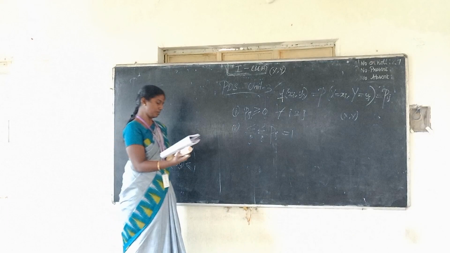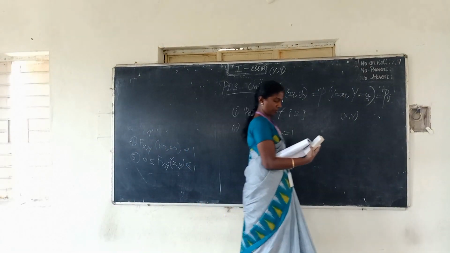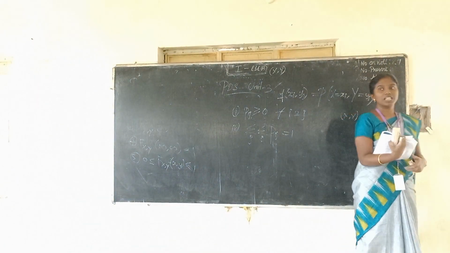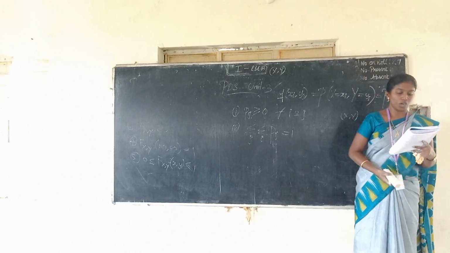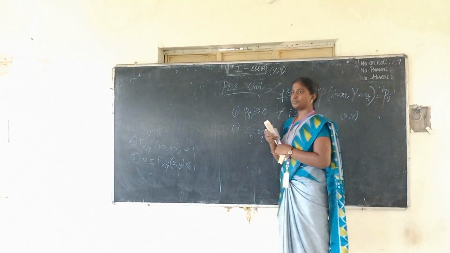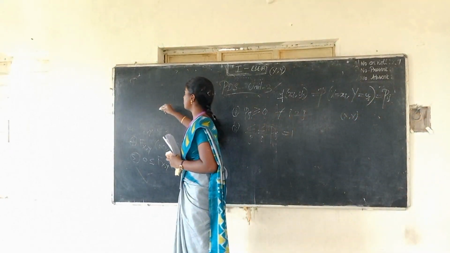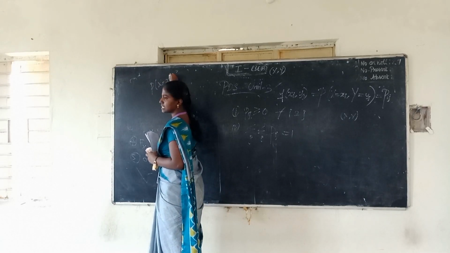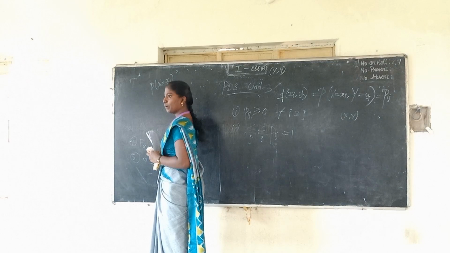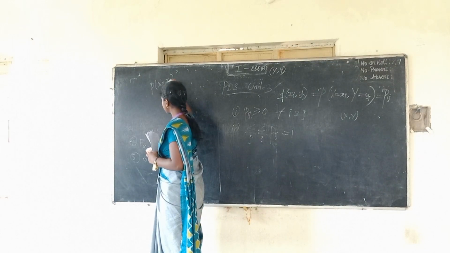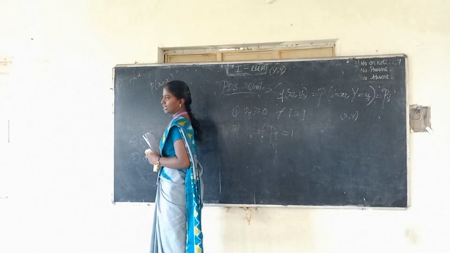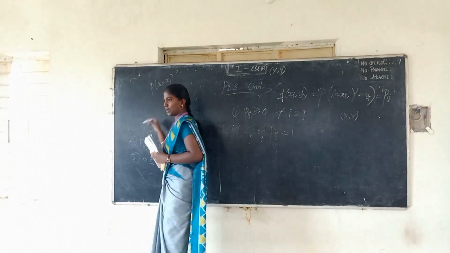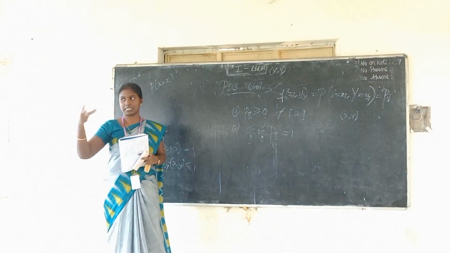Okay, everyone listen. So this is the definition of joint probability mass function. In case of a single random variable, P of X equal to xi is the probability mass function. So X equal to 1, X equal to 2, likewise, separate marks.